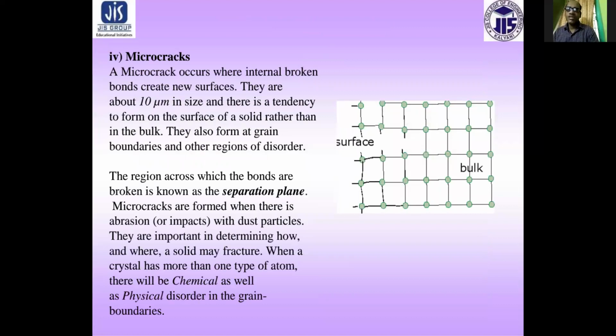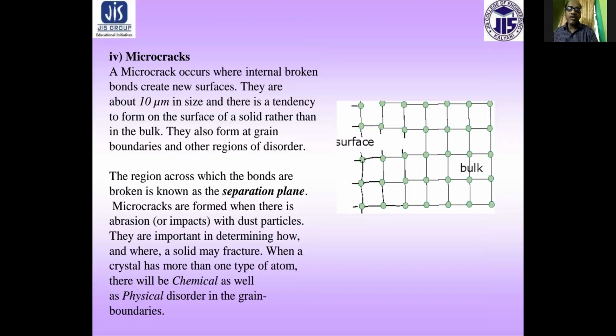Microcracks. Microcracks occur when internal broken bonds create new surfaces. They are about 10 microns in size and have a tendency to form on the surface of solids rather than in the bulk. They also form at grain boundaries and other regions of disorder.